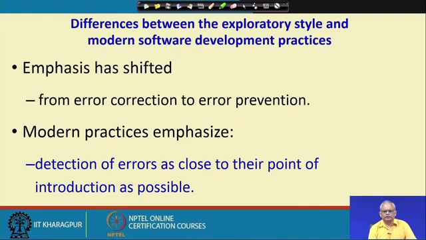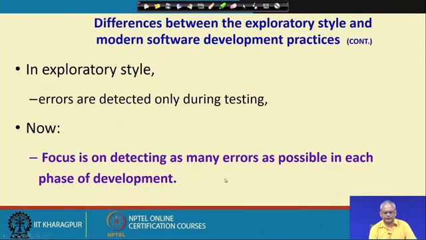Here, before testing, we just identify the place where the error is. We do not have to locate it; we just review the code, or review the specification, review the design, identify the error, and correct it right there, and do not wait for the error to be detected and determined during the testing phase.